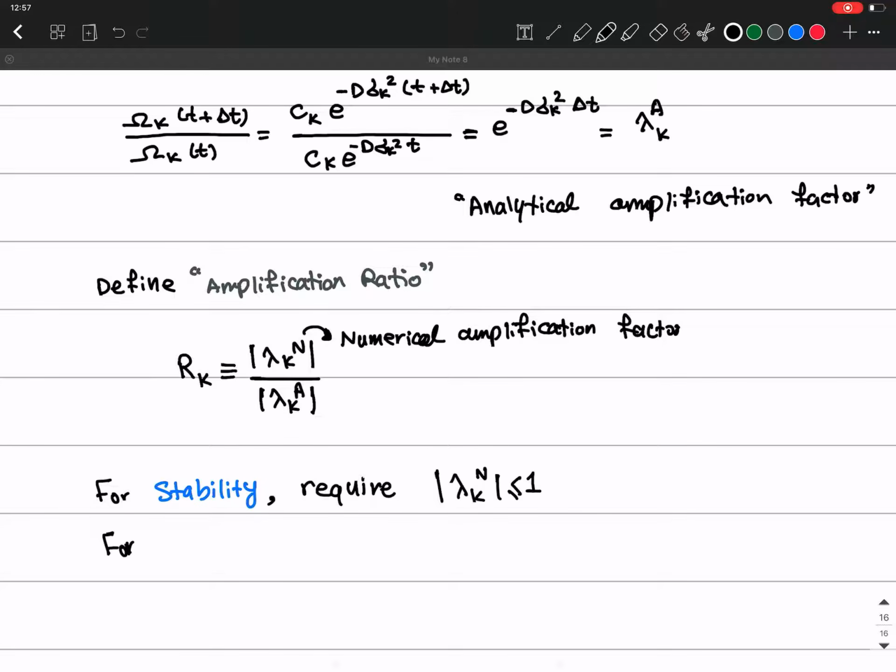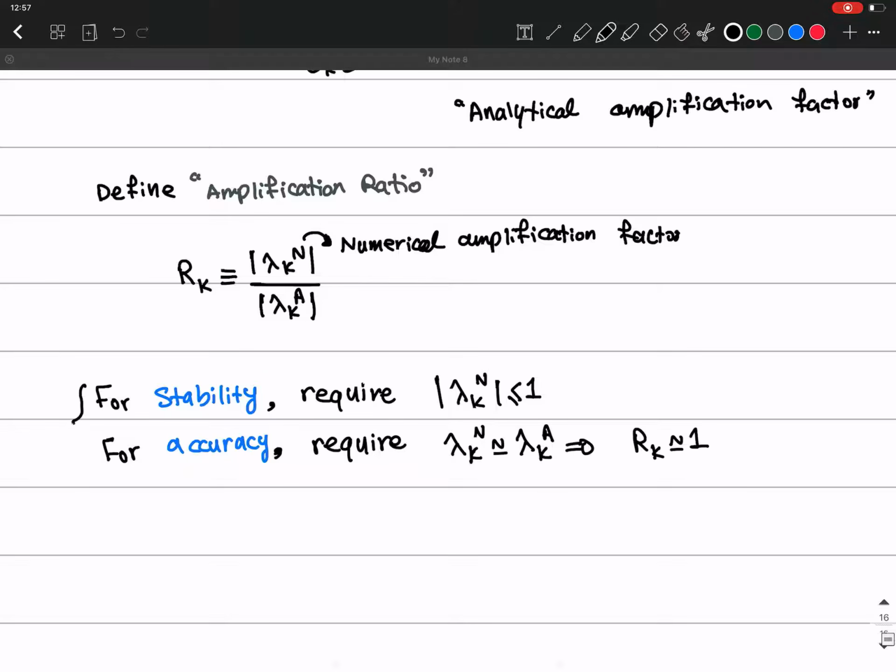And for accuracy, we require lambda_k numerical to be on the same order as lambda_k analytical, and this means that R_k should be on the order of 1. Okay, so this is the criteria for stability versus accuracy.